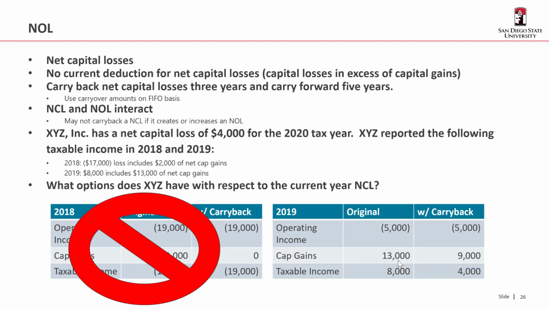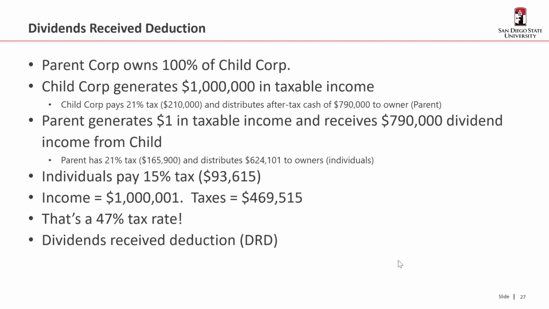Notice that in 2019, we can go ahead and push back that capital loss against it, because taxable income is $8,000 beforehand, and of course it only goes to $4,000 after the fact, right? So we do not create an NOL or extend an NOL by applying our net capital loss in 2019, which means we can do so.